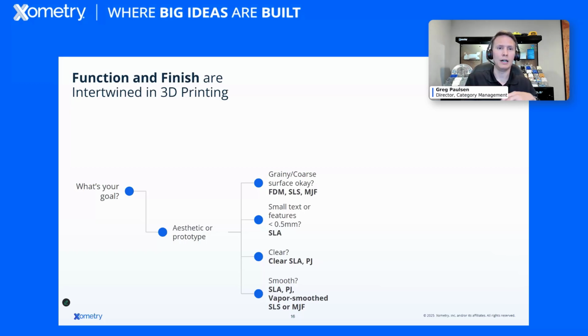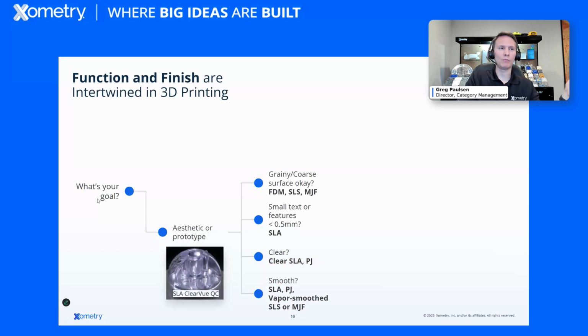For smoother parts, you have a few different options available, including some secondary processing for SLS and MJF. But for anything that's just general prototyping, honestly, with SLS and MJF, we could do a whole webinar on when not to choose them, because 90% of the time those are probably going to be your go-tos if they fit into the build area.